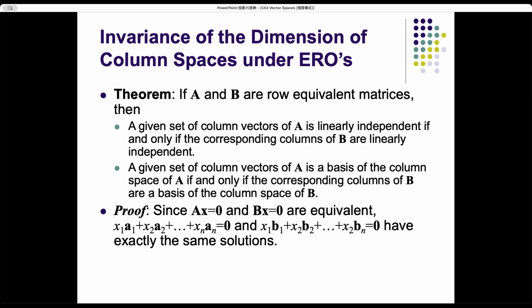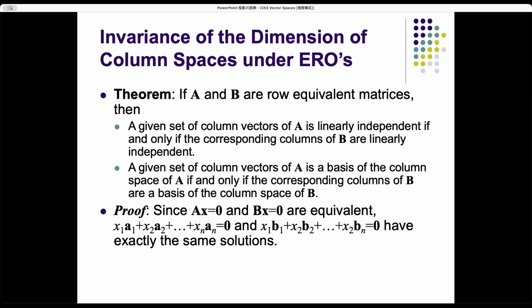The next one: if A and B are row equivalent matrices, then a given set of column vectors of A is linearly independent if and only if the corresponding columns of B are linearly independent.